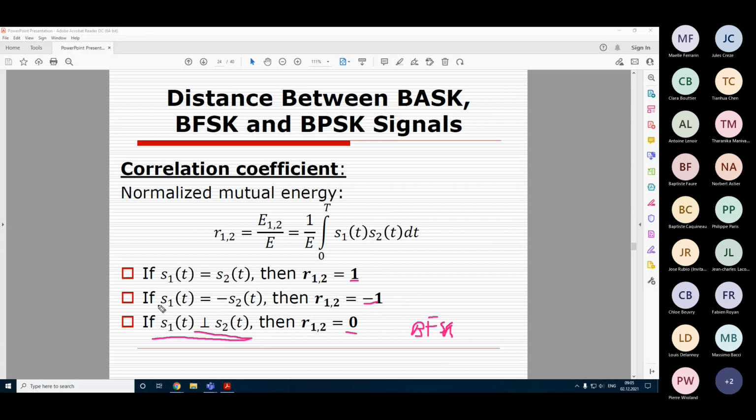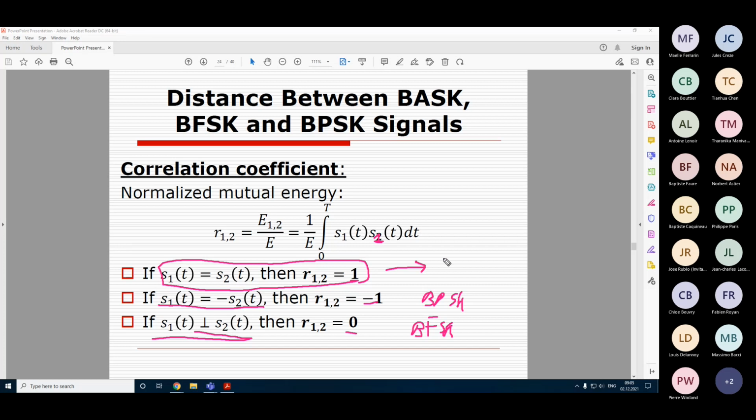For binary phase shift keying, it is -1. And the case of 1 is not really interesting for us because these signals are no different, it's actually the same signal. So if the signals are the same, then this correlation is 1. This will be important for us further, when we try to compute S1 and S1. That will be done later.